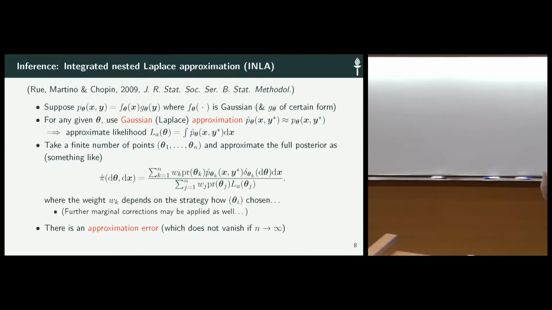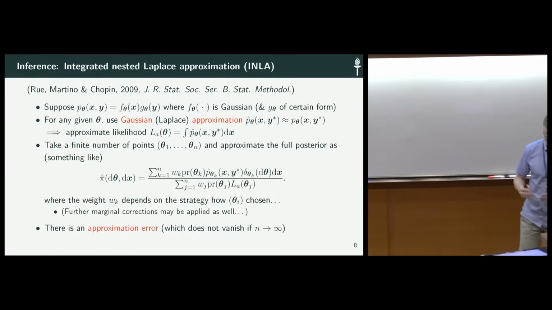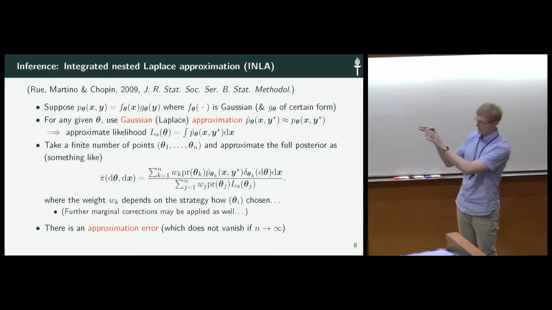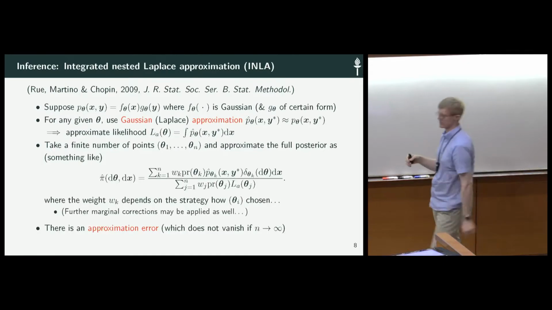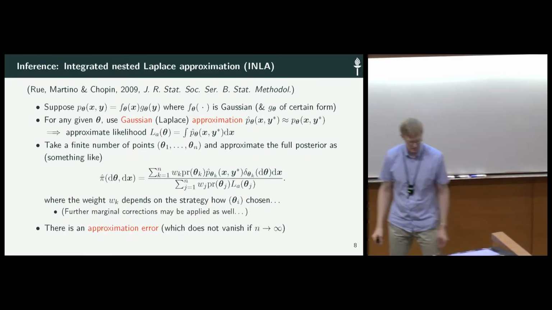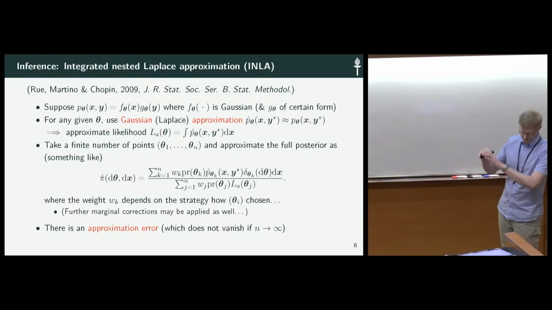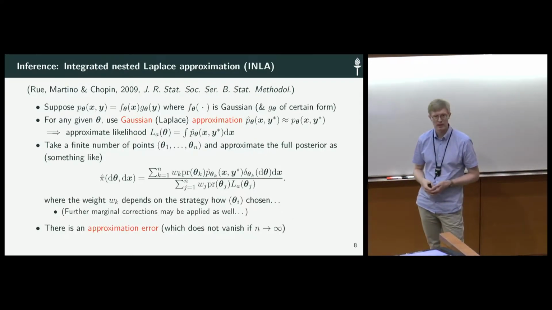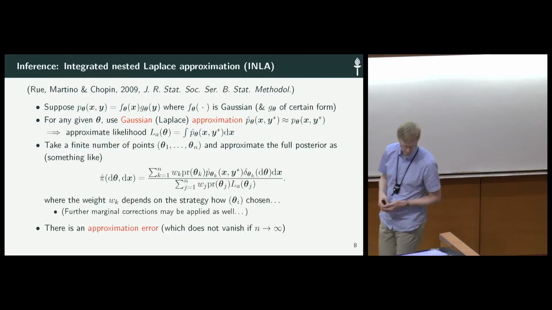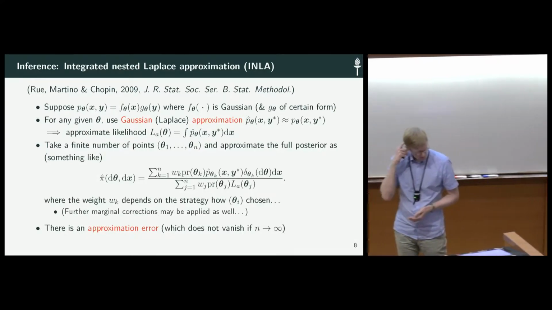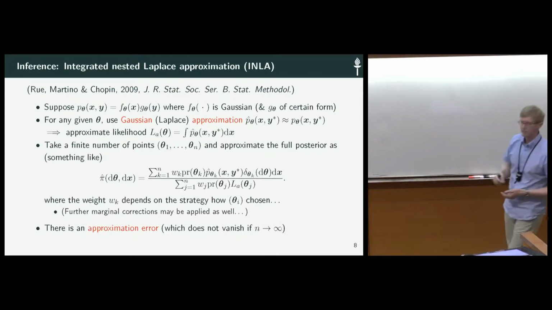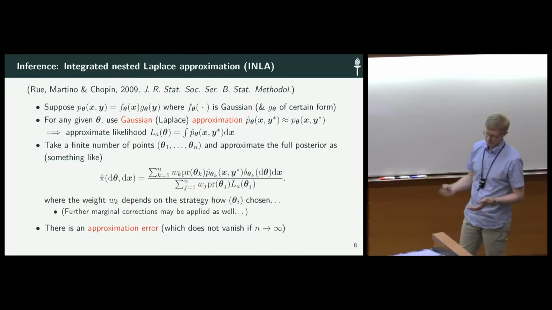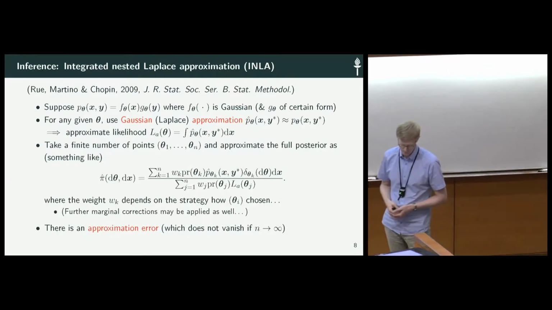But then I view it as approximating the unnormalized distribution with a Gaussian-shaped thing. Anyway, you do an approximation and it gives rise to an approximate likelihood, similarly, because if you have some Gaussian distribution, you have a constant there, which is the marginal likelihood.